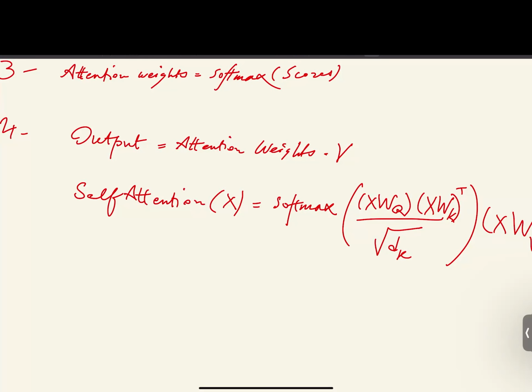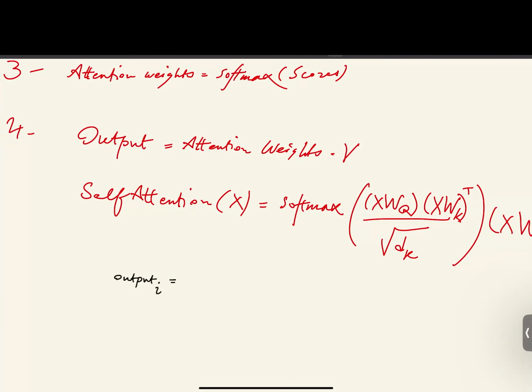For example, let's say, what's the output i? The attention output for position i is basically a sum. And we know that the sum doesn't care, it's just a weighted sum, and it's permutation invariant. So it's a bag of vectors, basically. We lost the notion of order.